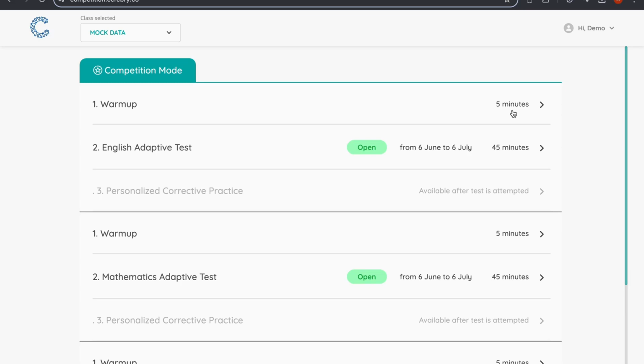Then they can attempt the adaptive test. Once the diagnostic test is complete, Cerebry offers a personalized corrective practice. The questions attempted incorrectly in the test will be given for practice so that the student gets a better understanding of the concept. Let us now check how the students can attempt the adaptive test.